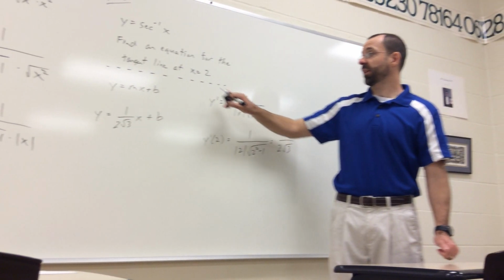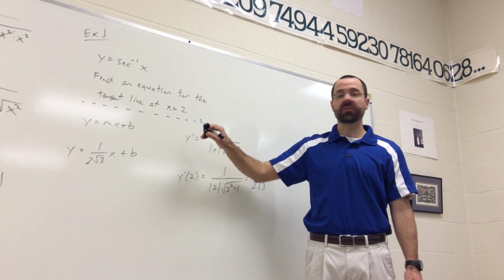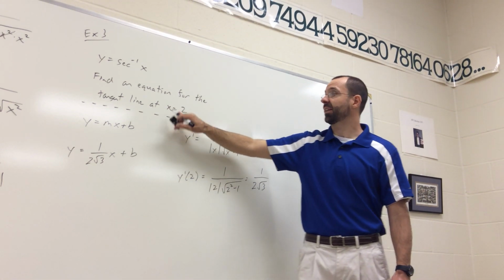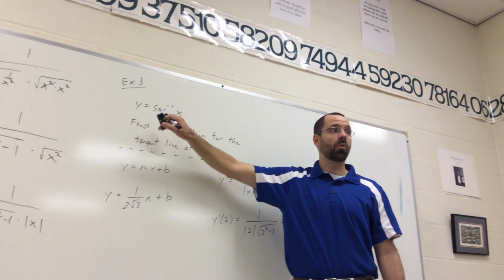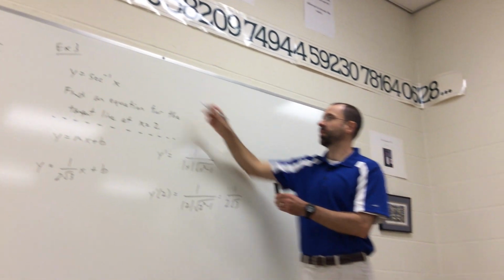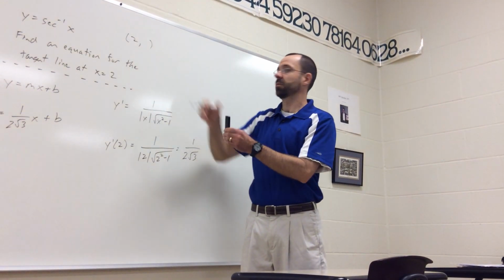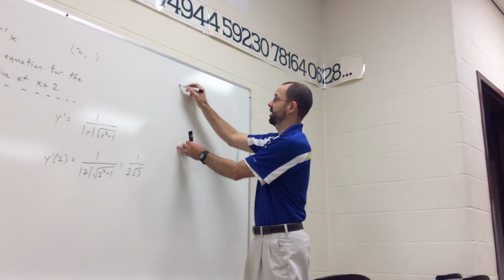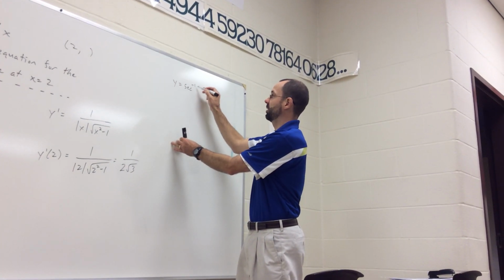So to figure out what the y-intercept is, I need a point on the graph. I know the x value of the point, but I have to plug that into here to figure out the y value of the point. Okay, so I know it's 2 comma something, but I'm looking for the something. So to find the something, I need to take the inverse secant of 2.